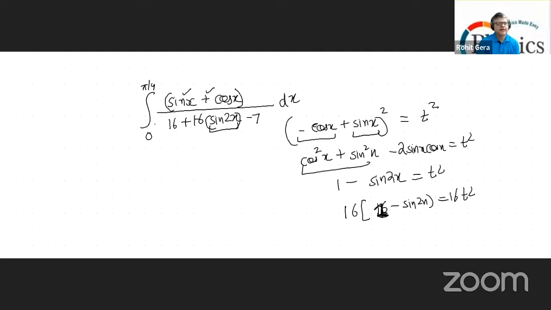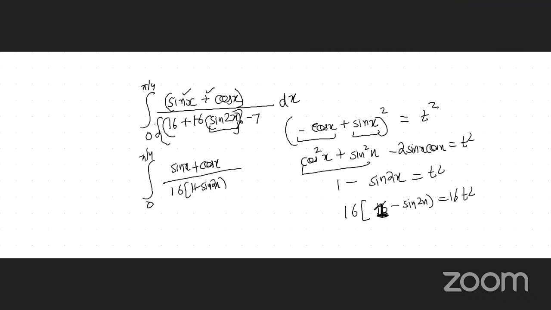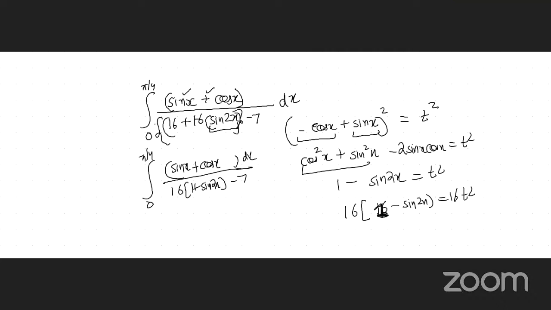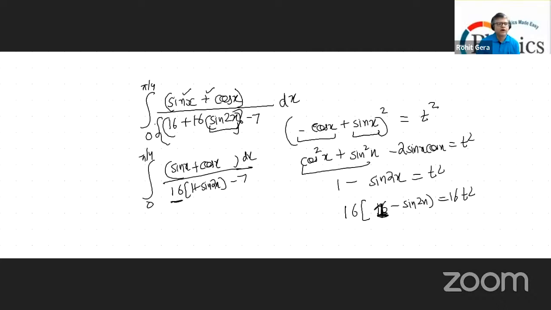So this whole thing will become 0 to pi by 4 sin x plus cos x, 16 times (1 plus sin 2x) minus 7. I think we are missing 16 in the denominator.